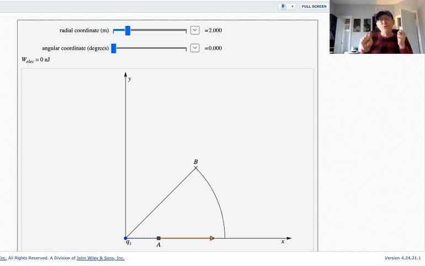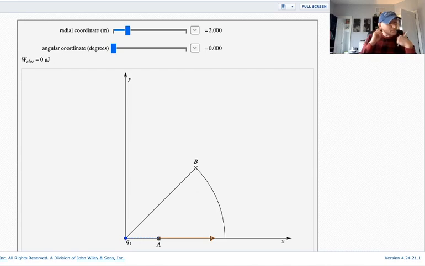So particle 2, with charge Q2, will experience an electric force from the field of particle 1. And that force on 2 would be Q2 times E, where the E is the E from 1. But 1 is a point particle, so its electric field is Q1 over 4 pi epsilon 0 r squared.